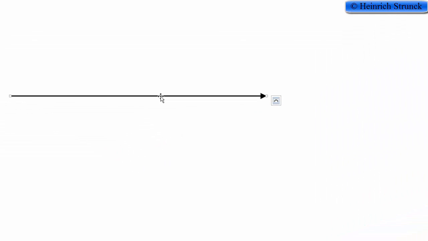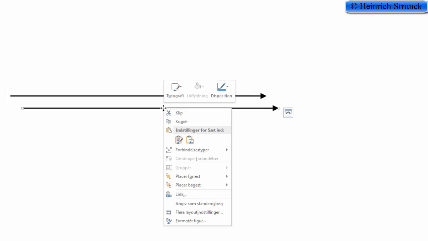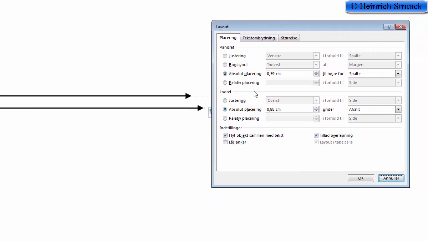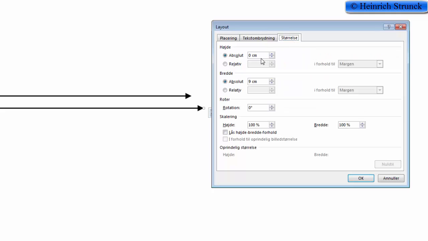So we'll do that. We can mark the vector or the arrow, press Ctrl C and Ctrl V to copy the vector. Right click the vector and make some adjustments. The size, now the length or the width should be 6 centimeters.